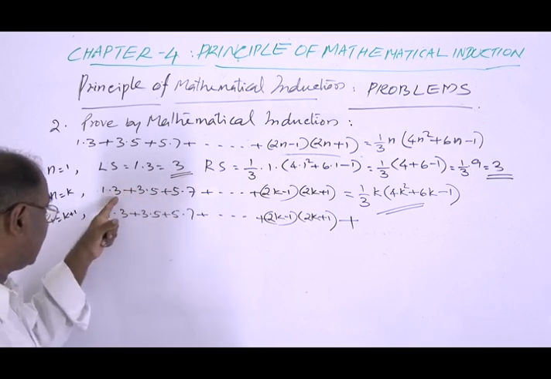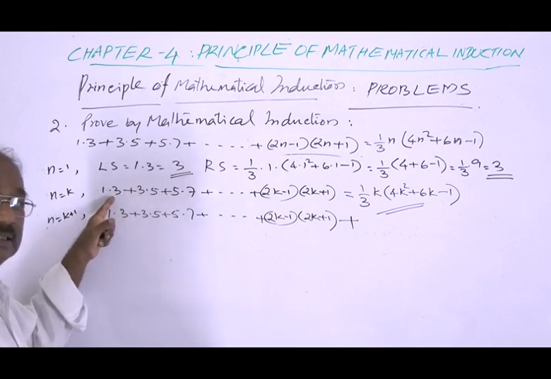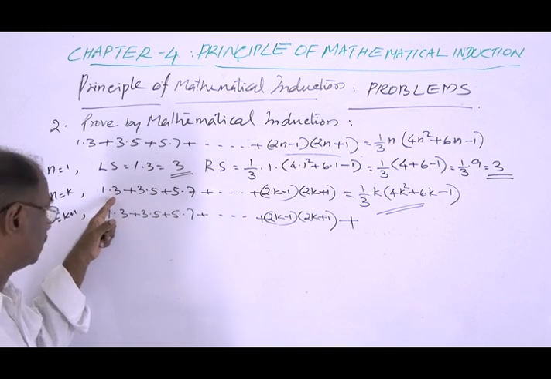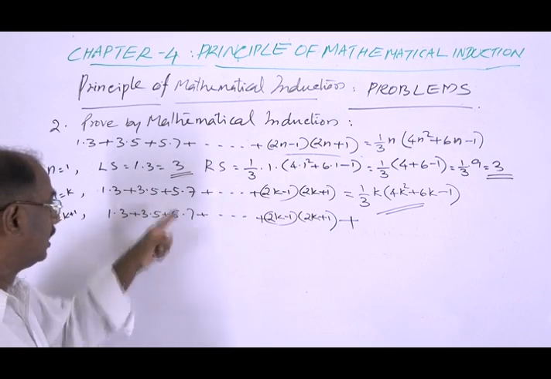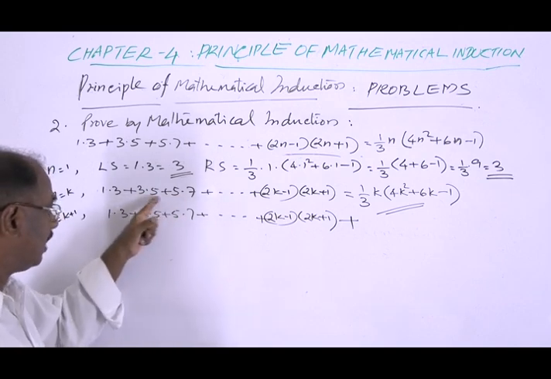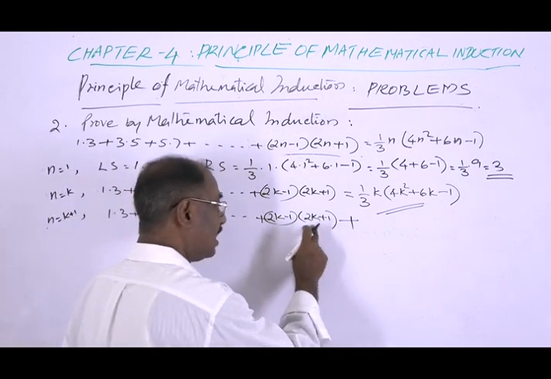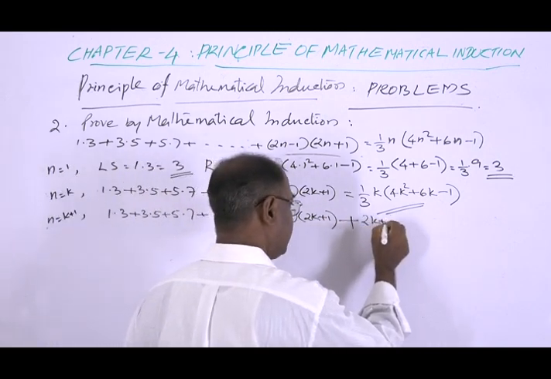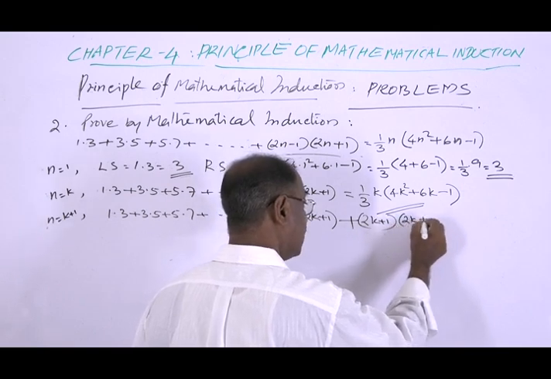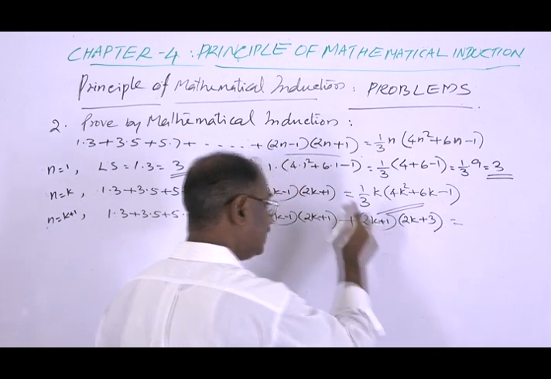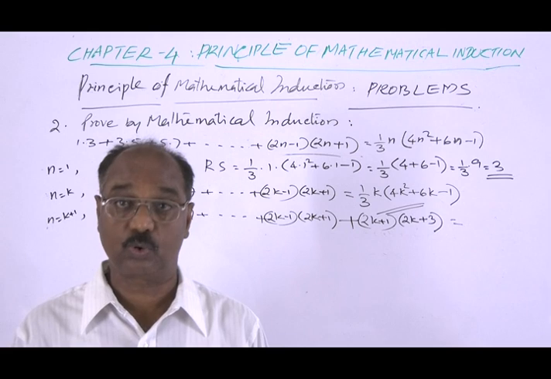The second term starts with 3, which is the second term of the first, and then 5. The third starts with 5 and 2 more, 7. So in that order, the next term starts with 2k plus 1, into 2 more: 2k plus 1 plus 2, which is 2k plus 3. So this is the left side when n equal to k plus 1.